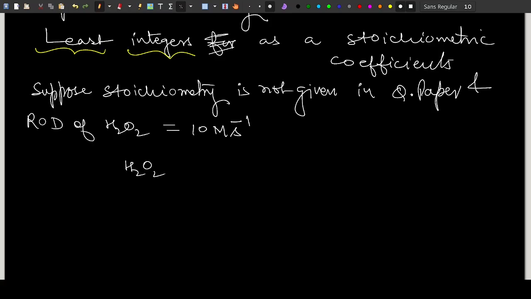Here H2O2 gives H2O plus half O2. We can't adopt this stoichiometry because this is fractional.